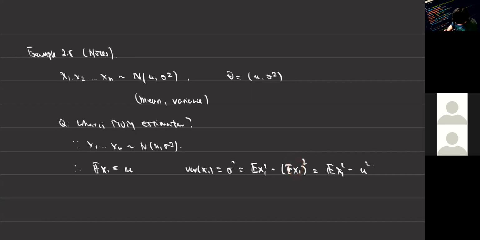So you write mu squared, and that gives you the expectation of x1 squared is sigma squared plus mu squared. So that's your first moment and your second moment. If you missed the definition of moment, let me know. I think all that's covered in probability theory.